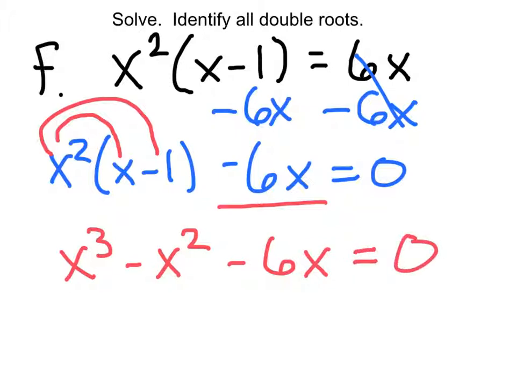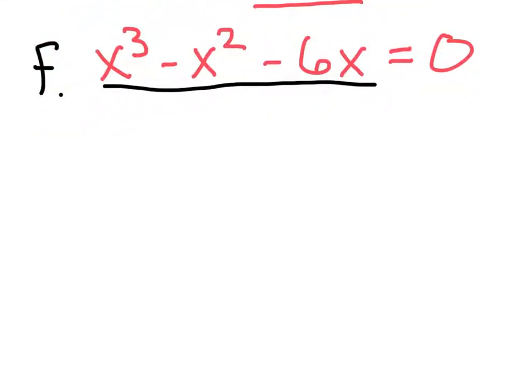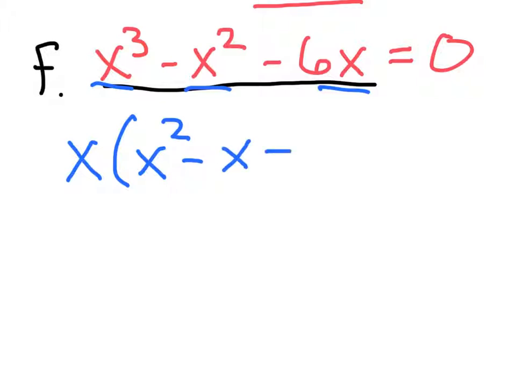Okay. So after I have that, I need to factor this left side right here. So I notice that each term has an x in it, so I'm going to pull out a greatest common factor of an x. So I have x times (x squared minus x minus 6) is equal to 0.